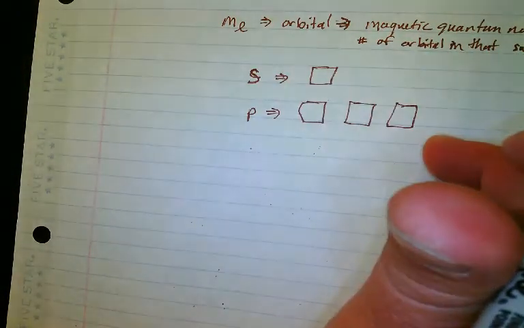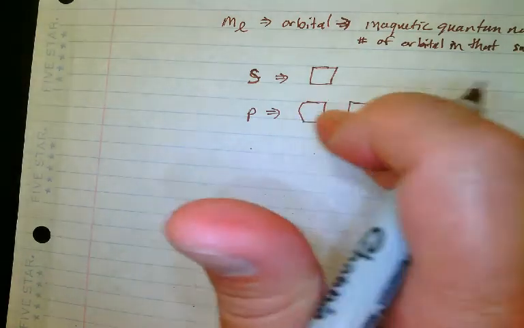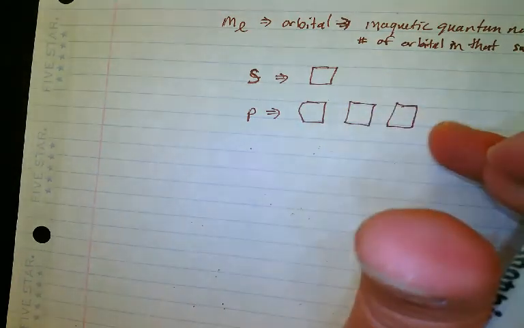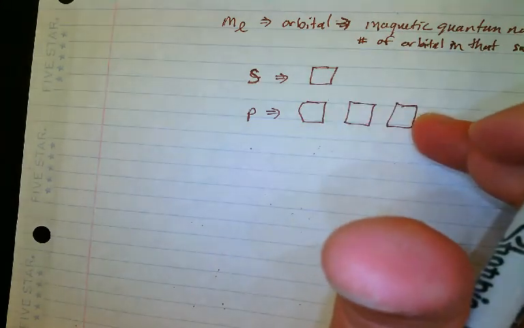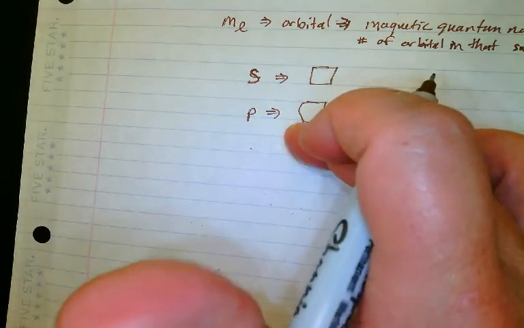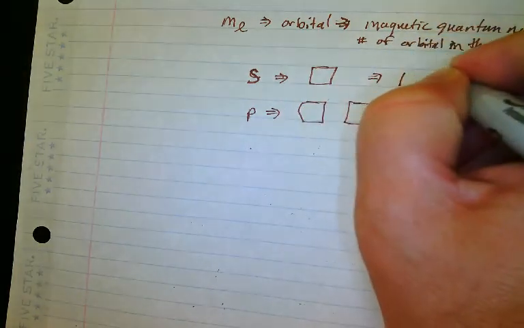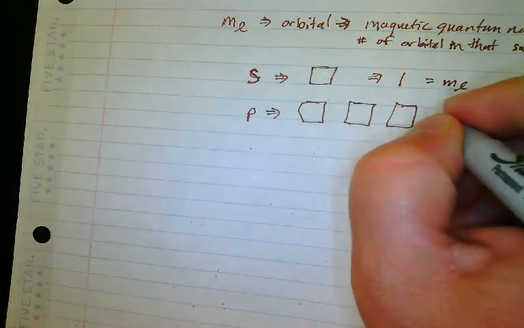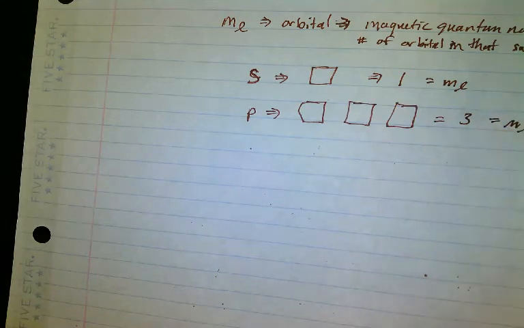What would my M sub L be for P? It's the number of boxes, the number of orbitals. You're putting the electrons in the orbital. I want you to count how many boxes there are. So the M sub L for S would be 1. For P, it's 3.